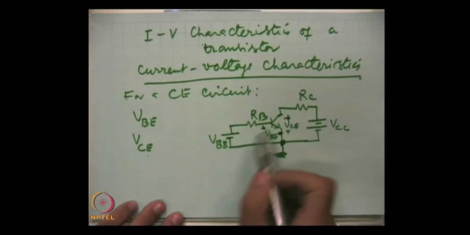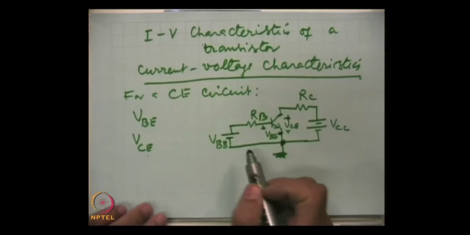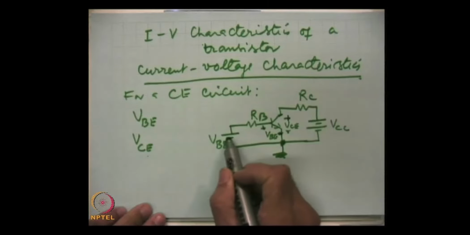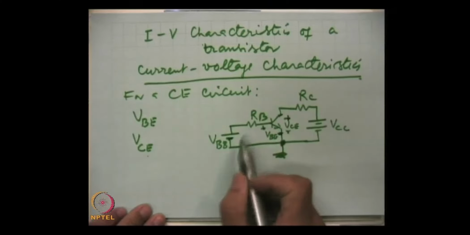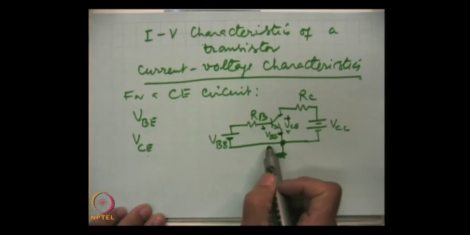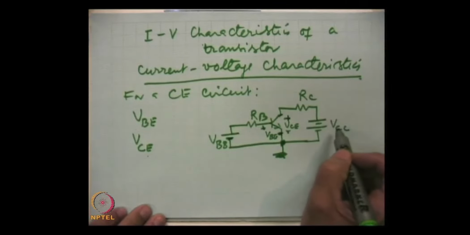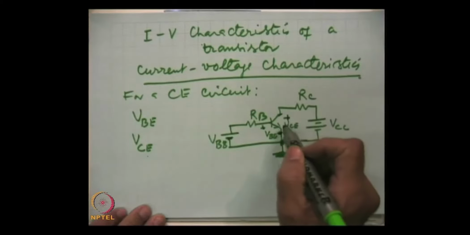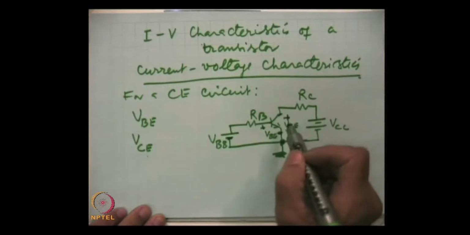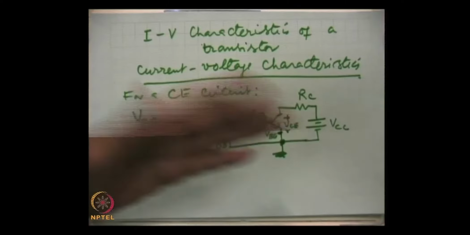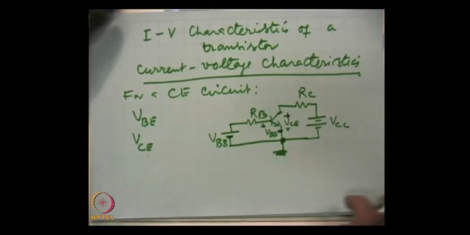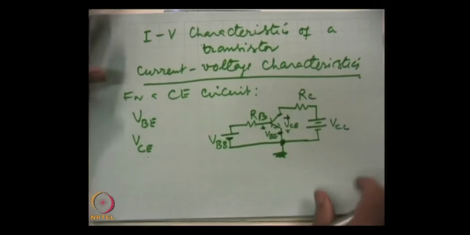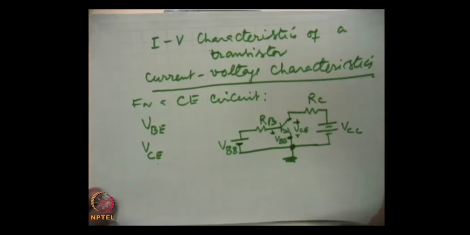Here what I have shown, that the input battery has been connected to forward bias the base emitter junction, and this battery VCC has been connected such that it will reverse bias the collector junction. But we can change, if we change it the other way, we will see what impact it will have. Now, first we talk of the input characteristics.